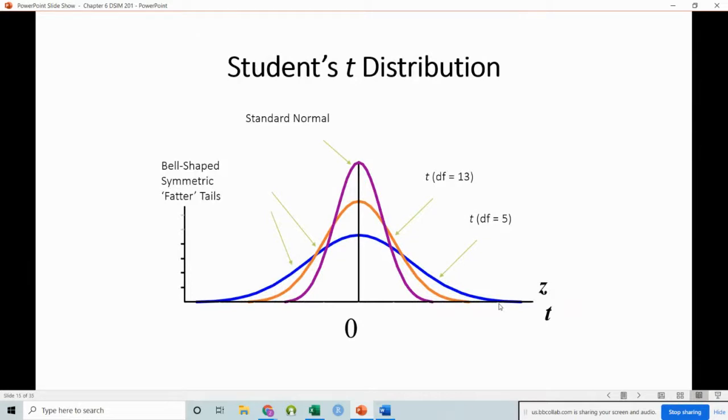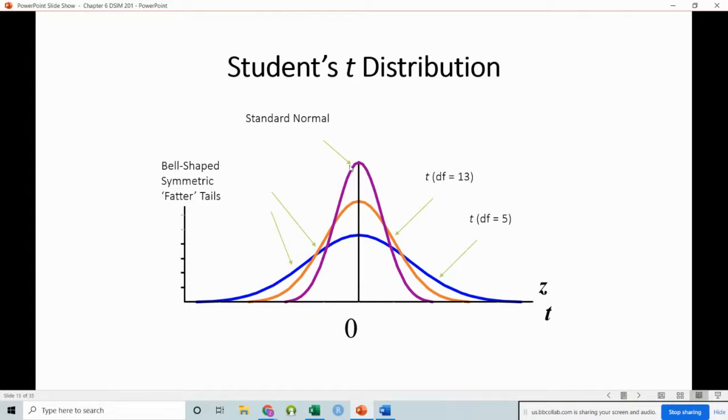Here is how the shape of that distribution changes depending on the number of degrees of freedom. With lower sample sizes and lower degrees of freedom, we end up with a flatter distribution, and our tails are long and flat. But as our sample size and degrees of freedom increase, the tail becomes higher and smaller, so we're able to fit more area in a smaller section of the tail.